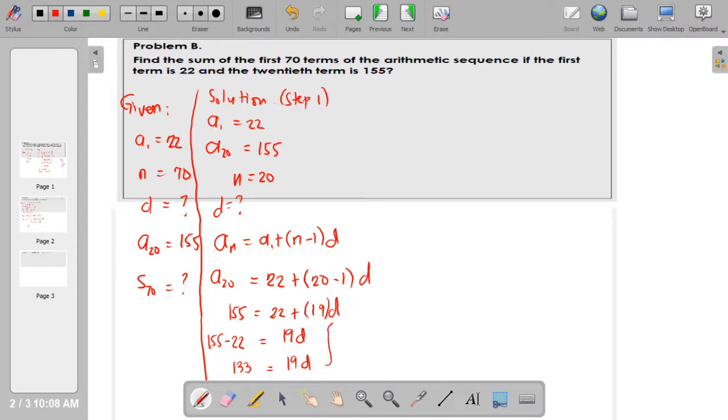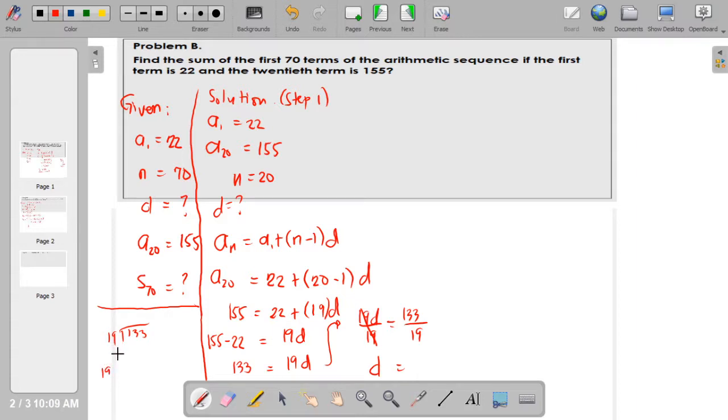And then from here, we're going to divide both sides by 19. So 133 divided by 19. And so our common difference should be equal to, we divide, so 133 divided by 19.